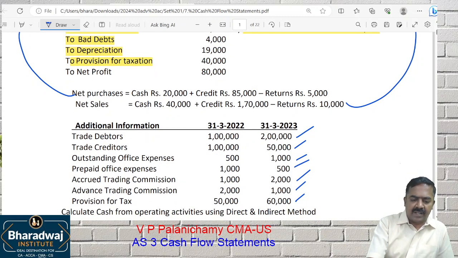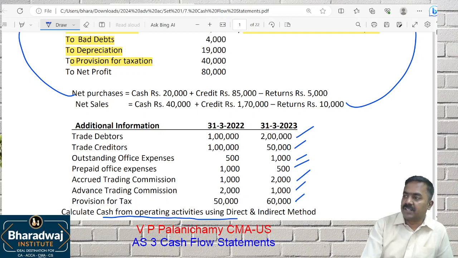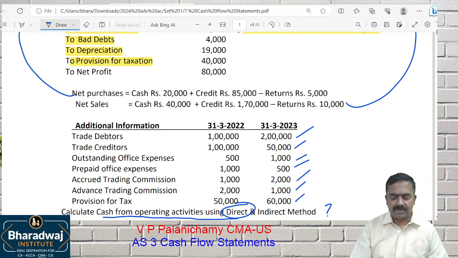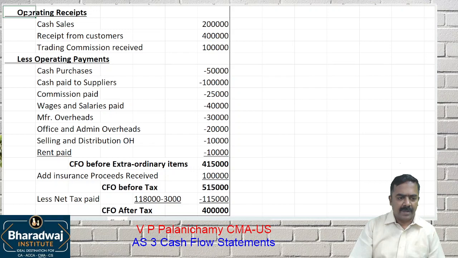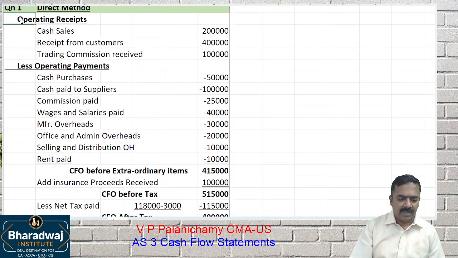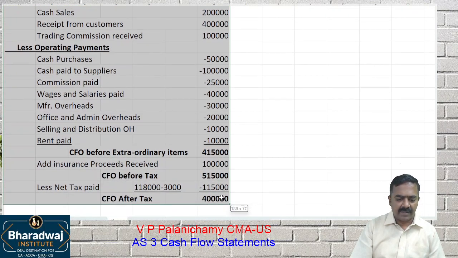They ask you to find out cash from which activity? Operating activity, using which method? Direct method. Indirect method we read to learn. Let us solve it using the direct method. But before we start the answer, operating receipts minus which one? Payments. What all do we require?